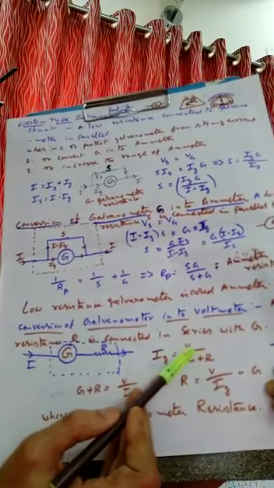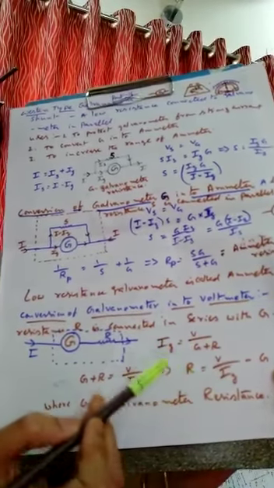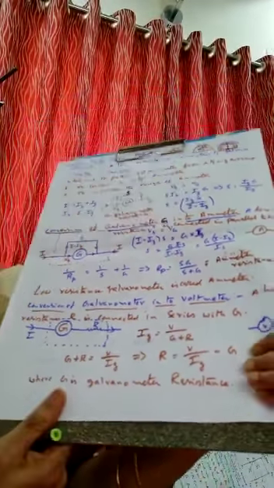So an ideal voltmeter is one whose resistance is infinity. To convert the galvanometer into a voltmeter, a high resistance is connected in series with the galvanometer. To convert a galvanometer into an ammeter, a low resistance shunt is connected in parallel to the galvanometer.